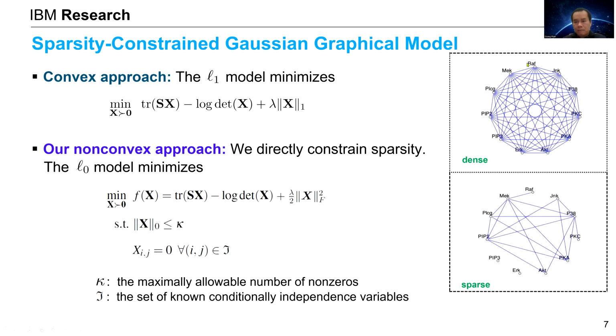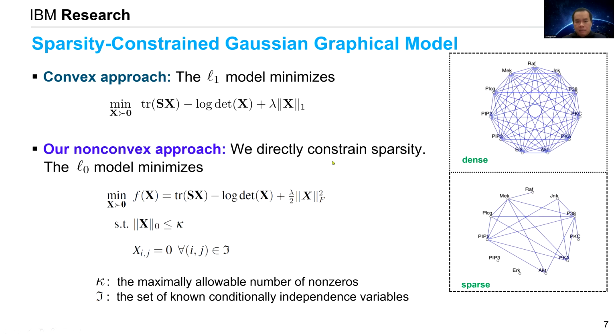Without this sparsity condition, we can see that the matrix is very dense. That's because of the noise in the data, and it might degrade the performance of the prediction model. For that reason, we typically impose the sparsity condition.